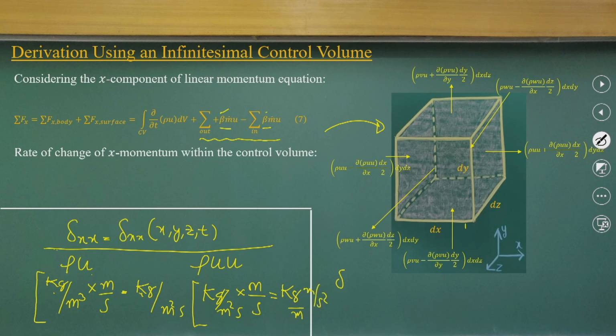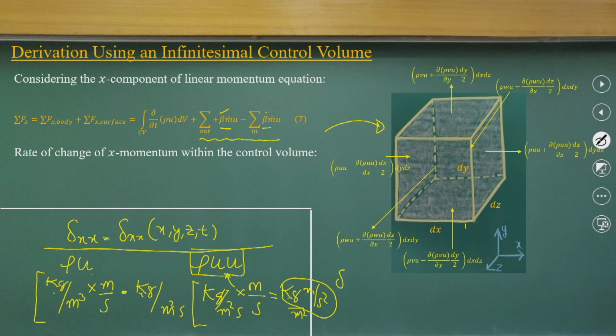That is the momentum flux per unit area, which has the unit of force. Kg is a mass into the acceleration per unit area. Try to understand it: this is also a sum of force components per unit area.